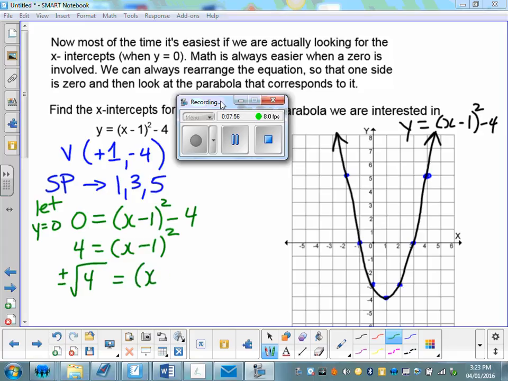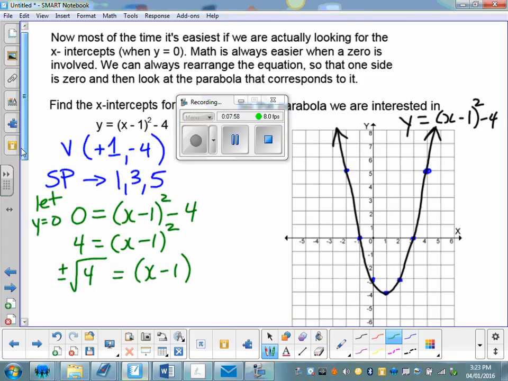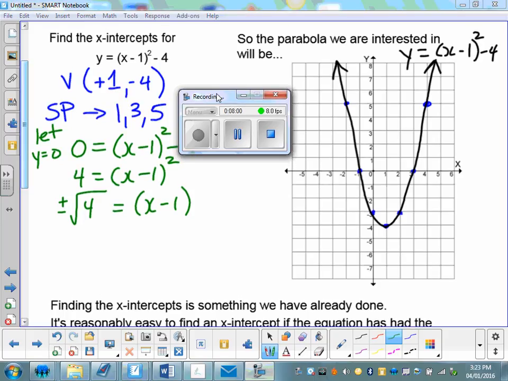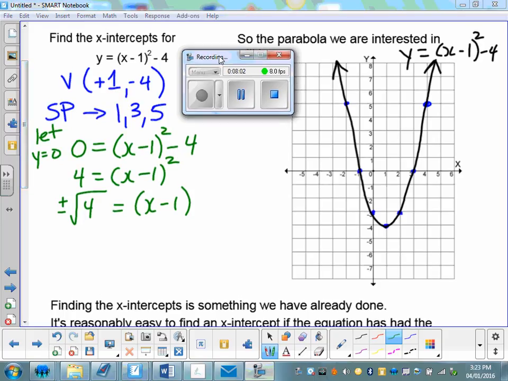And then on this side, we take the square root, and you just get x minus 1 that's underneath the square there. So that means then that if I leave x on this side, and I move the -1 to the other side, it's going to be a +1, and then plus or minus the square root of 4, which is 2.